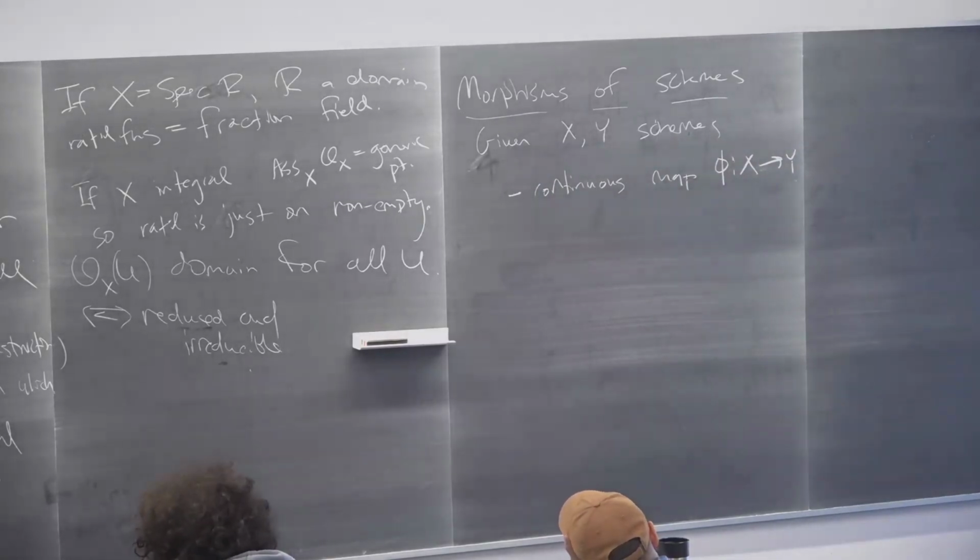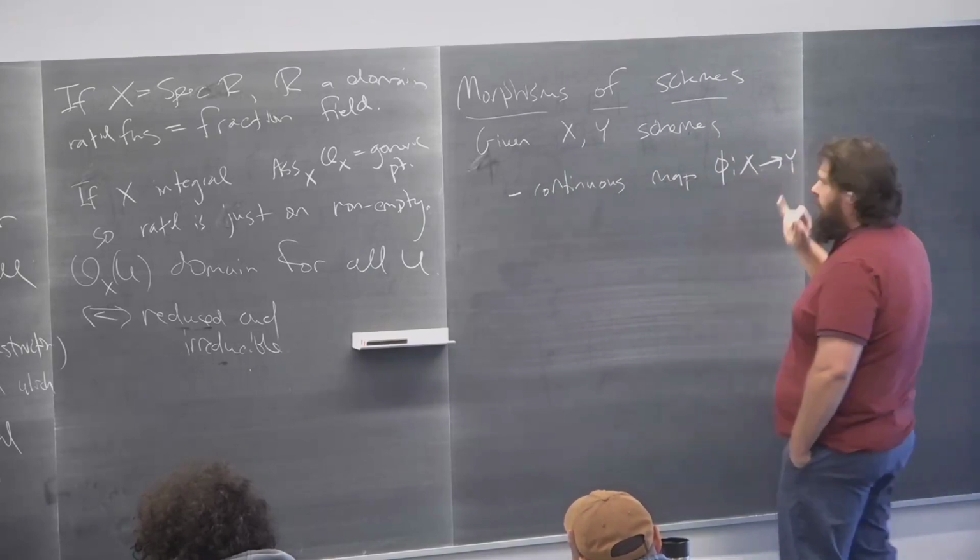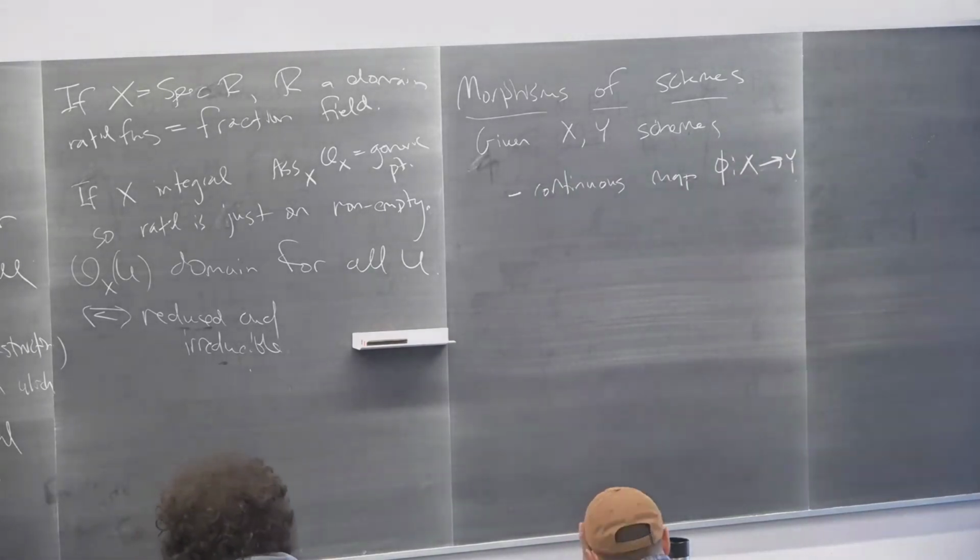Obviously, if that isn't part of the data of a morphism of schemes, I've done something horribly wrong. Okay, I also have the structure sheaf on X and the structure sheaf on Y, and obviously I'm going to need some compatibility between those, right?